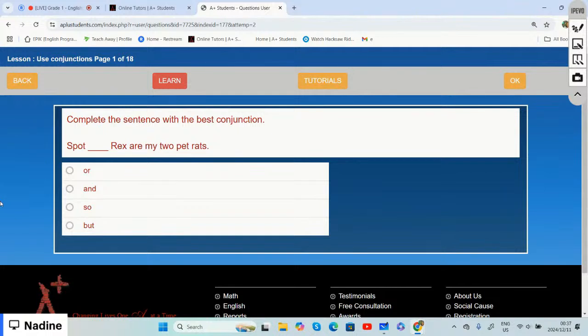So we say, "Spot and Rex are my two pet friends" because it's both of them. That is your two pet friends.